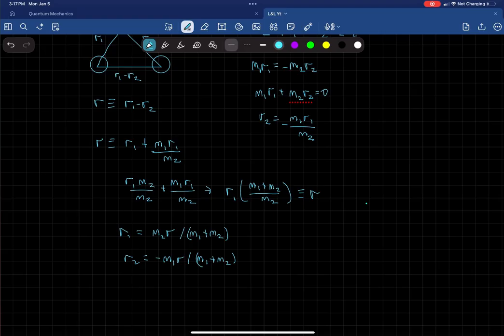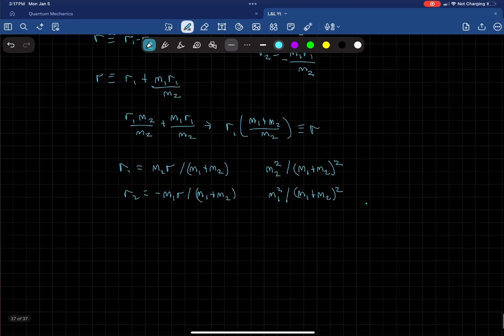Taking the derivatives and squaring them, I get m2 squared over m1 plus m2 squared and m1 squared over m1 plus m2 squared.